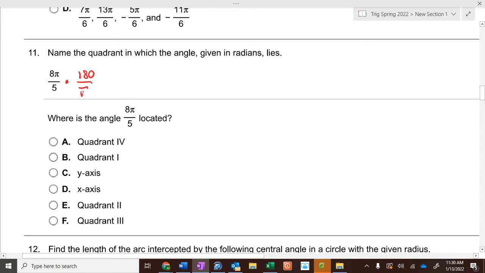Very good. Pi's cancel. 5 goes into 180 36 times. 8 times 36 is 288 degrees, right? What quadrant am I in? 4. Quadrant 4.